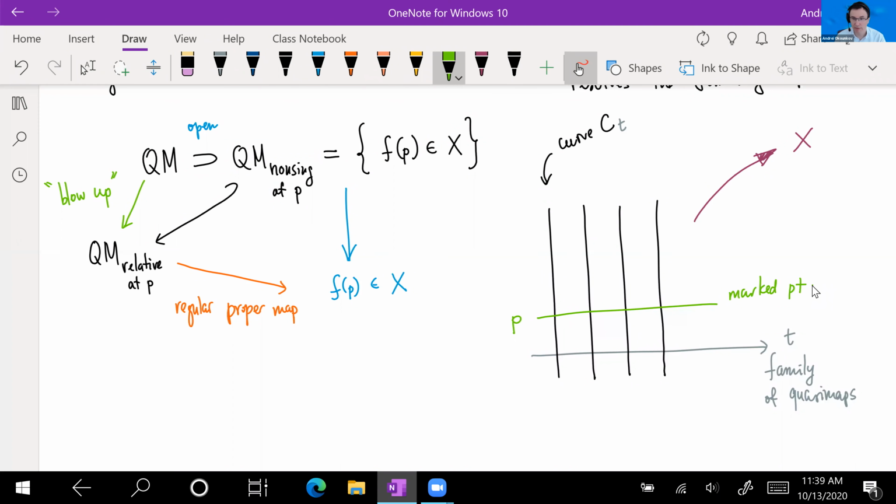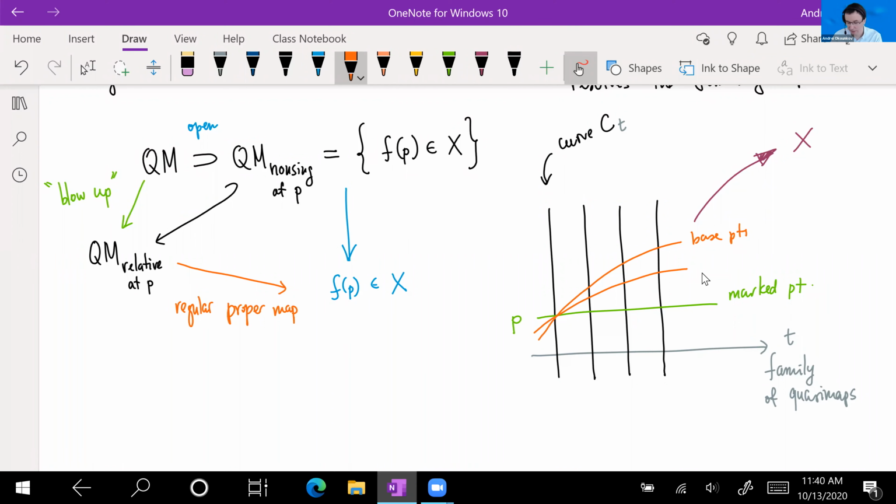And then in that family I also have base points, and maybe I'll draw base points in red. And the idea is that the evaluation at time t is fine, so base points are disjoint from my section.